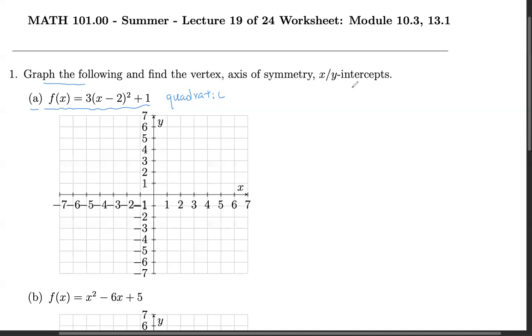For a quadratic function, we have a couple of representations. Usually we talk about standard form. The standard form of a quadratic function is ax squared plus bx plus c, and we don't want a to be 0. If a is 0, that becomes a linear function. The one in A, we call the vertex form.